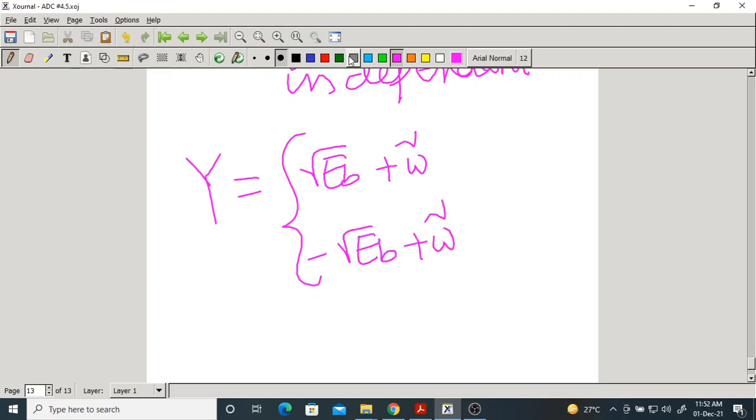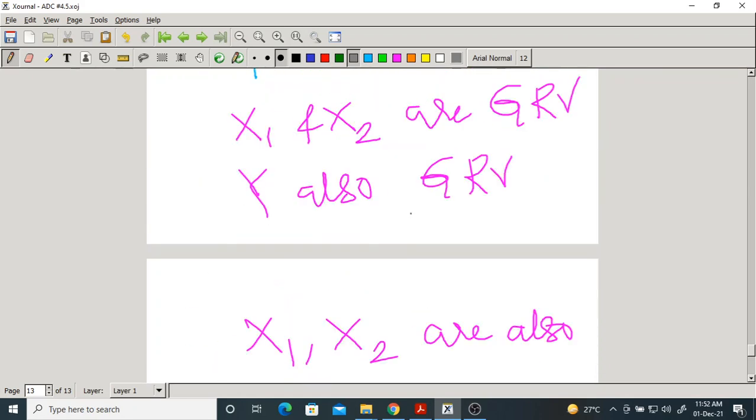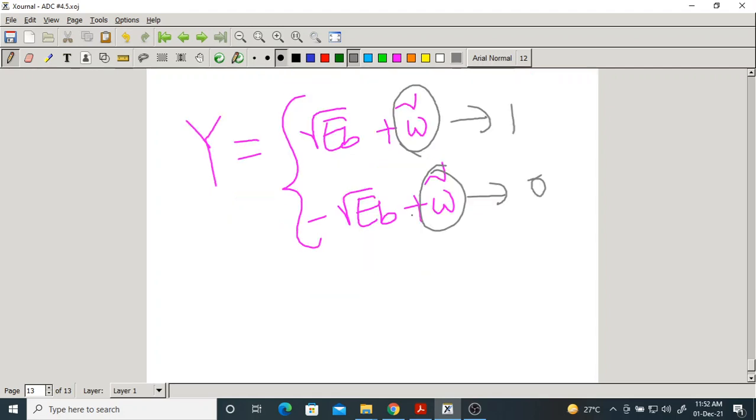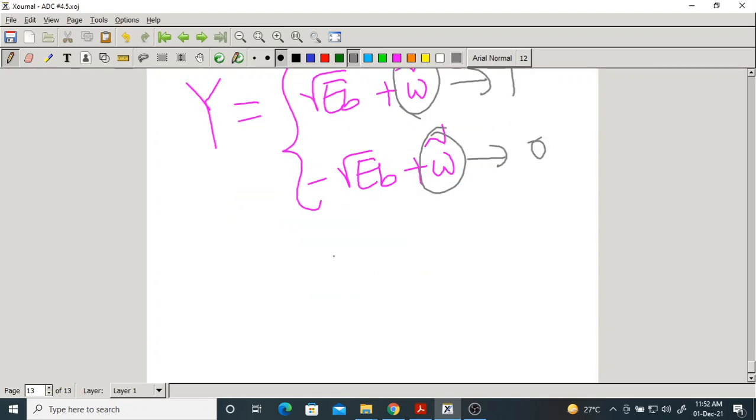It is for bit 1, it is for bit 0. Now here we are just like BPSK. The only difference is W tilde. There we had only W1. So what is the mean of W1? There 0, variance N0 by 2. But here the mean of W tilde is 0, but variance is not N0 by 2. It is N0 only. So y is also a Gaussian random variable.